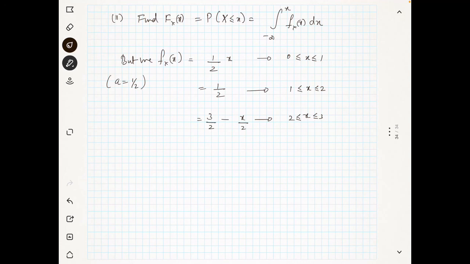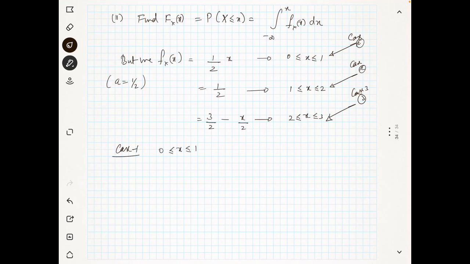So we have to find the distribution. We have three cases, where I have three limits, 1, 2 and 3. This is case 1, this is case 2, and this is case 3. We will first see case 1, where x is between 0 and 1.